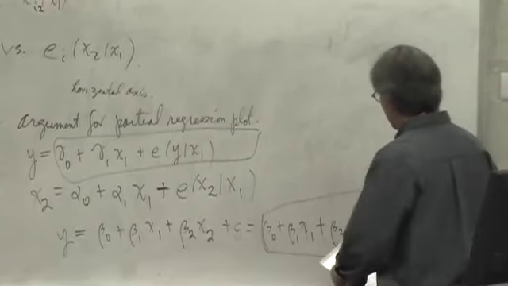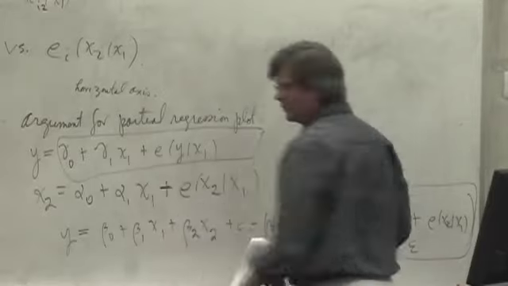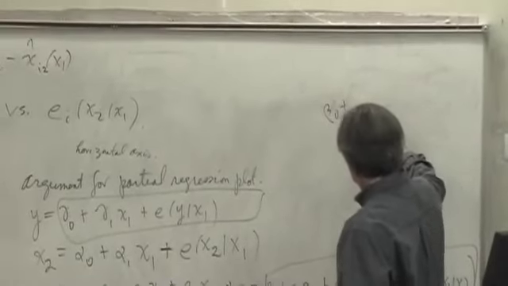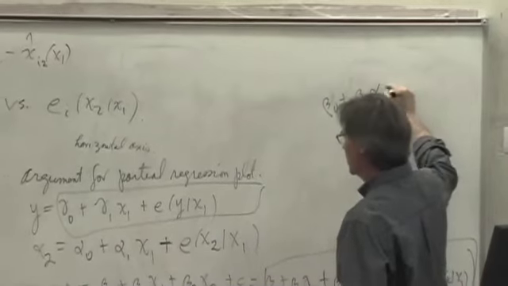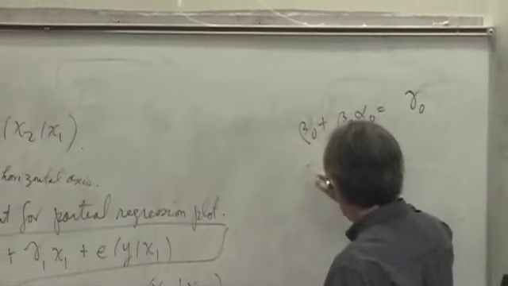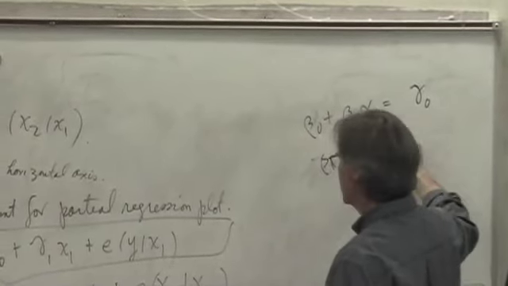Because all this other stuff, the beta 0 and the alpha 0, should become the gamma 0 and the gamma 1. So I should get that beta 0 plus beta 2 alpha 0 should equal gamma 0, and that beta 1 plus alpha 1 beta 2 is equal to gamma 1.